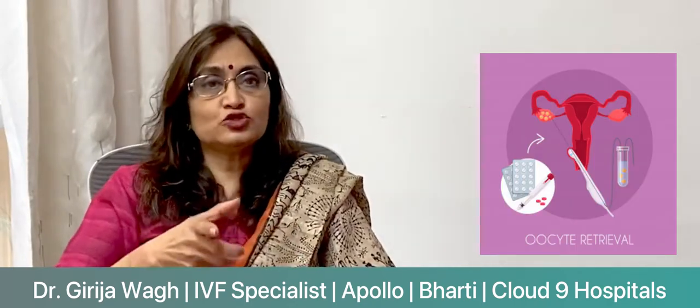This is regularly monitored by doing sonography or certain hormonal blood tests. And then, depending on all these things, we decide whether your eggs have reached a particular maturity level. Therefore, the first step is stimulating your ovary by these medicines.